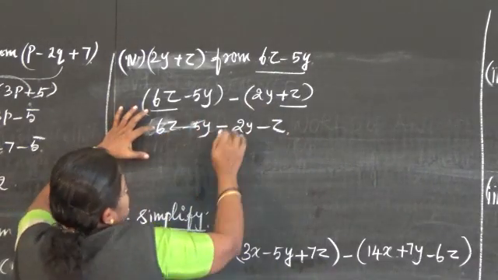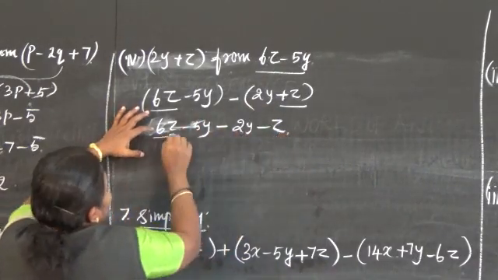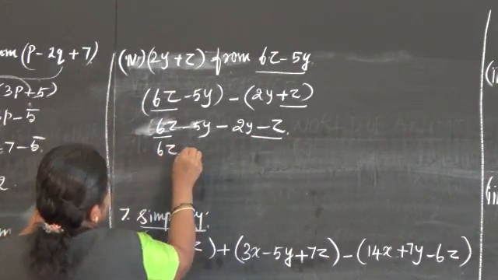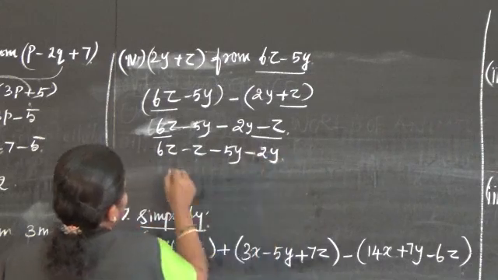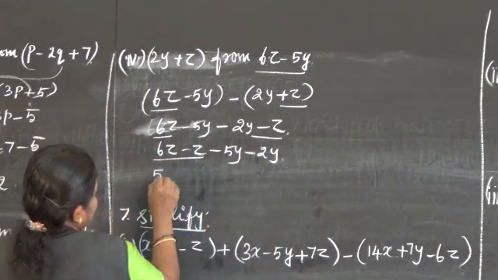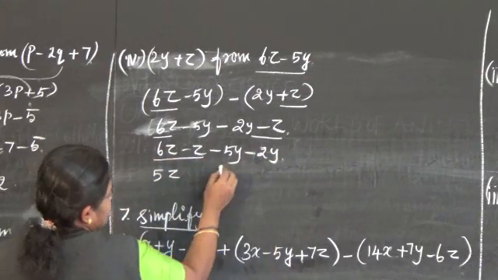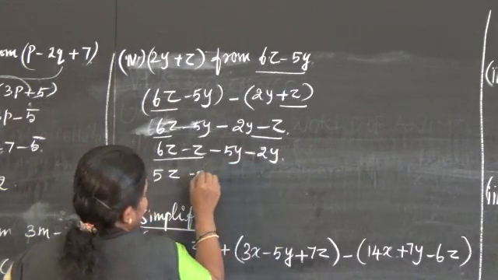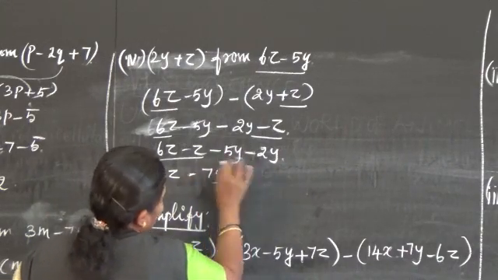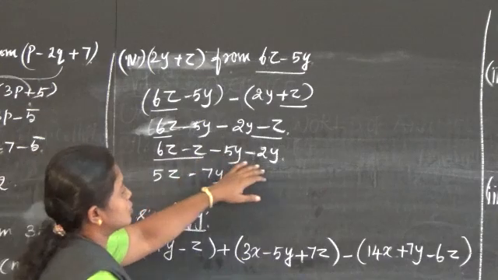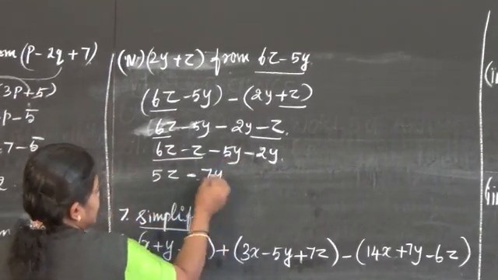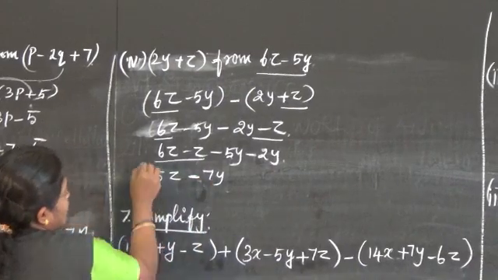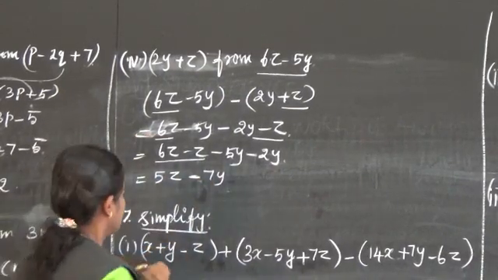Now I am removing it: minus 2y minus z. Now group the terms: 6z minus z, minus 5y minus 2y. 6z minus z is 5z. Minus 5y minus 2y is minus 7y, because both have negative signs so you add. So the answer is 5z minus 7y.